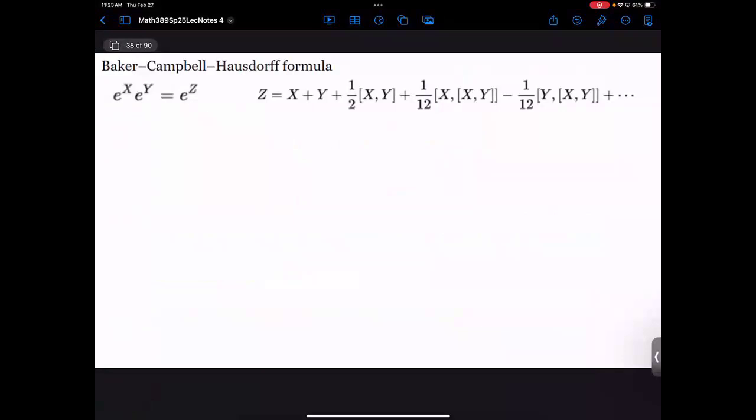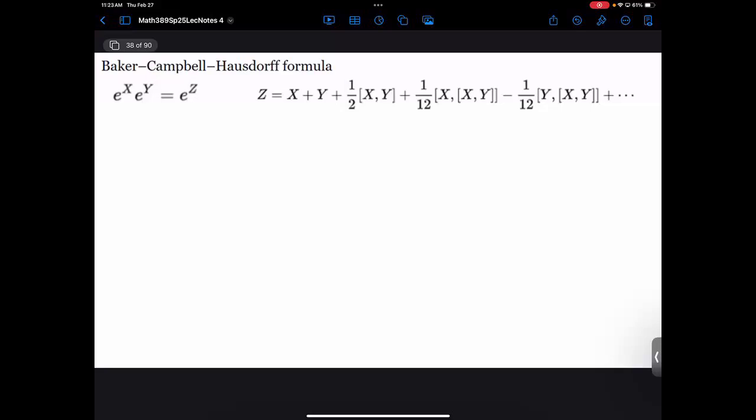How would you at least gain evidence that it might be true? For example, put in some examples. Choose some x's and y's, and now try to calculate z. And then once you have those, calculate the matrix exponentials. Then multiply them on the left-hand side and compare them to the right.